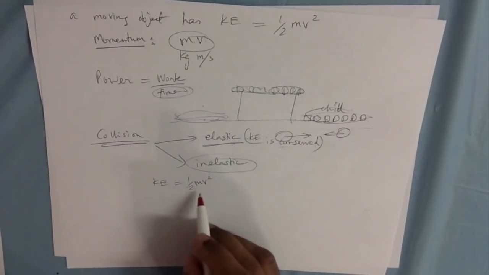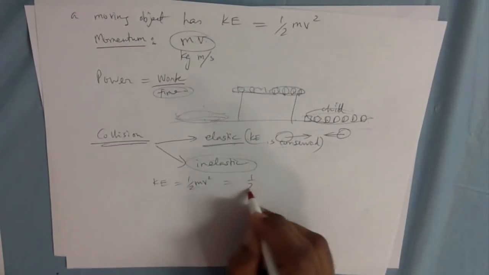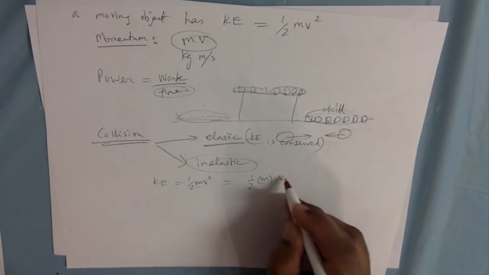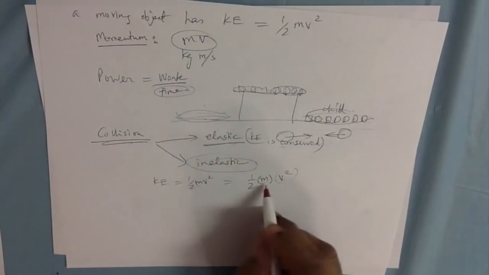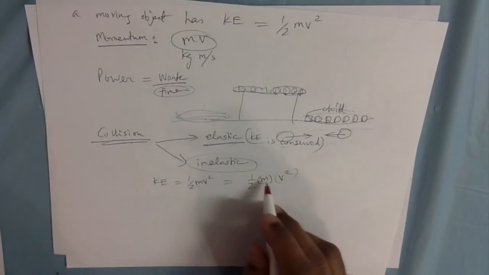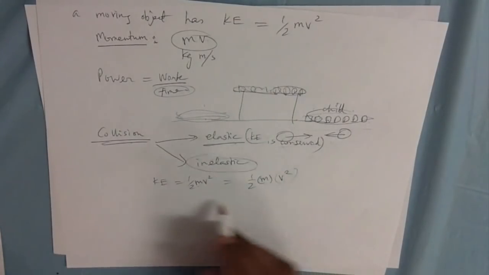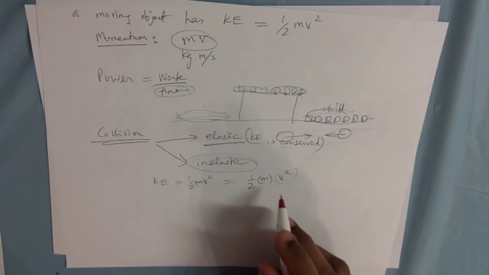Some of you end up mixing mass and velocity together. It is not mass and velocity together; it's mass separately and then velocity squared. Don't square mass times velocity, the whole square. That's not right. Plug the numbers in and move these variables as per algebraic rules.